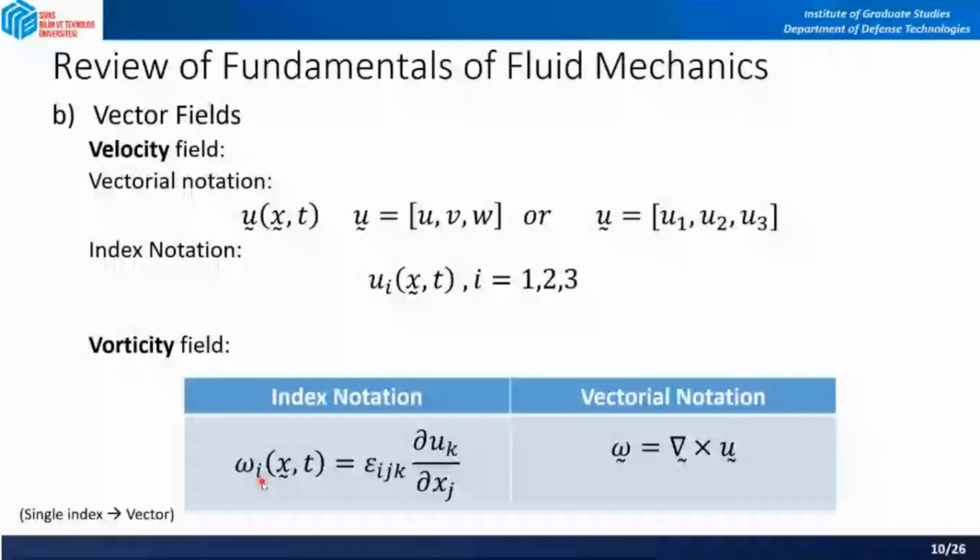So in the index notation of vorticity, you see this epsilon ijk, and you see du_k/dx_j. So what are all these ijk?